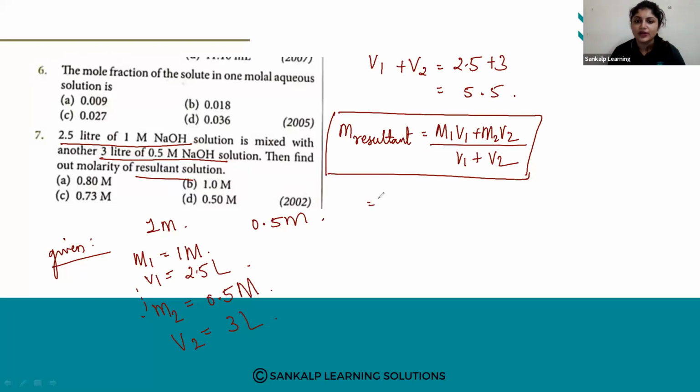Now write down the quantities. M1 is 1, V1 is 2.5, plus M2 is 0.5 into V2, and V2 is 3, divided by the total volume, V1 plus V2, which is 5.5.